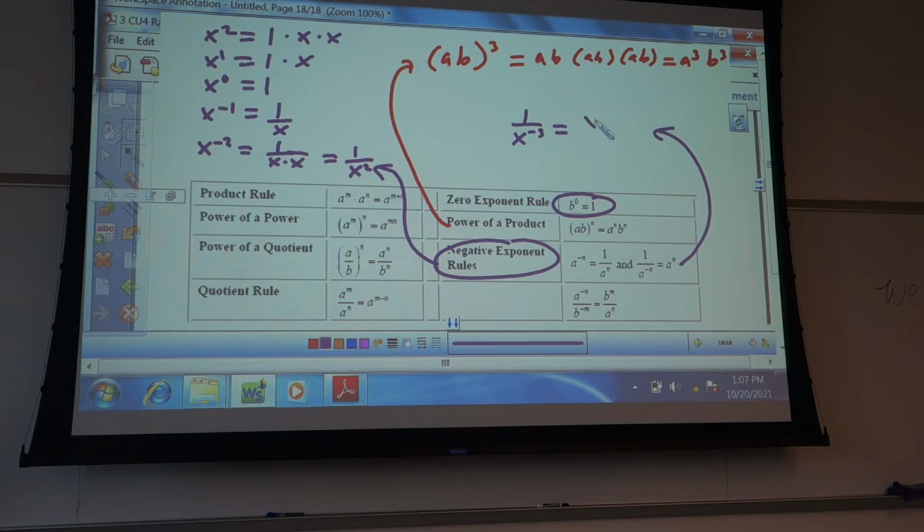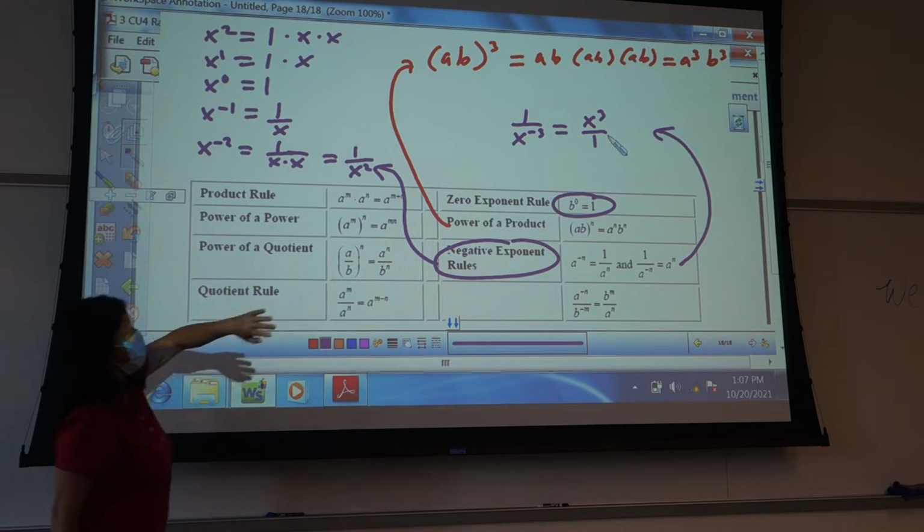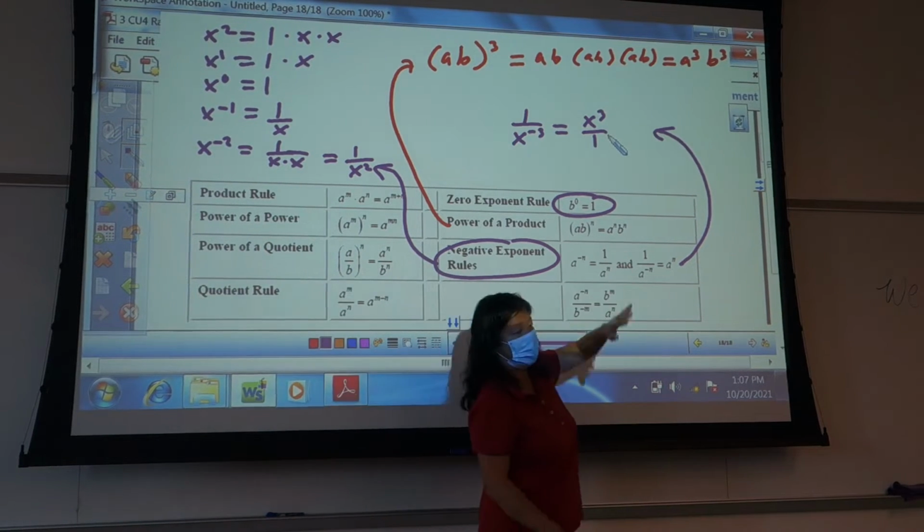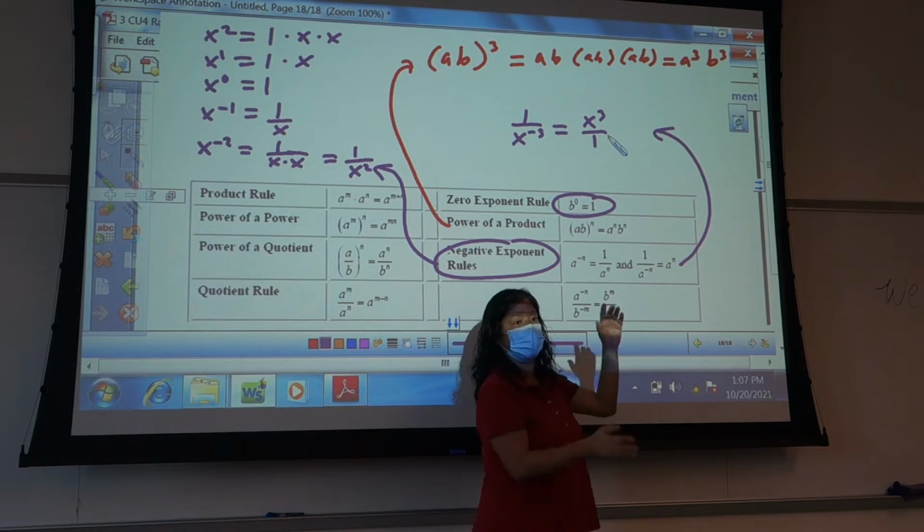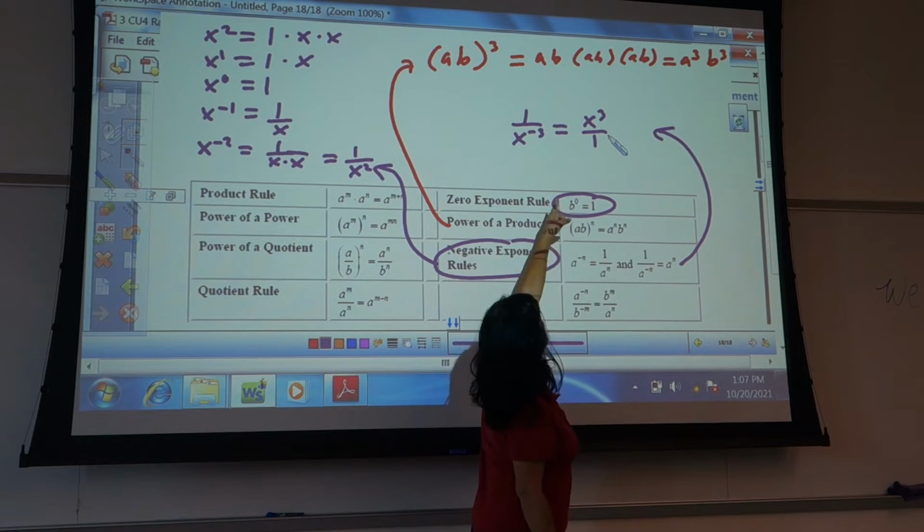It becomes x to the positive 3 over 1. So anytime you have a negative exponent, you can just hop it to the opposite side. If it's on the bottom, move it to the top. If it's on the top, move it to the bottom, and change the sign of the exponent.